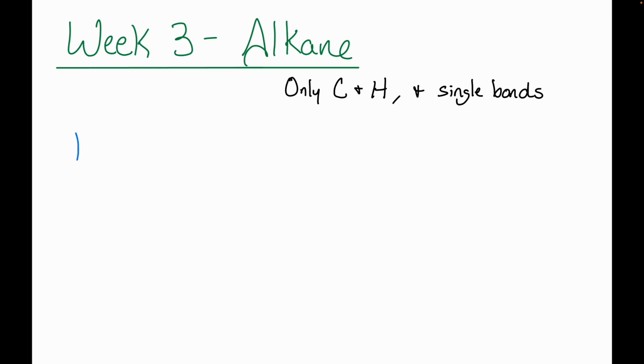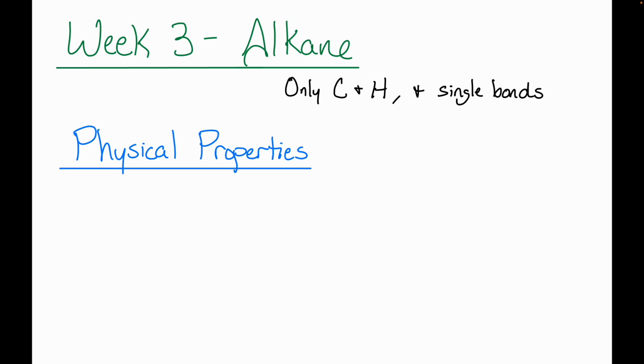All right, so we're going to first talk about what we call physical properties of our functional group alkanes. Importantly, carbon and hydrogen on our periodic table have very similar electronegativity. So those two atoms, when they're in a covalent bond, neither of them is really winning that tug of war over that pair of electrons.